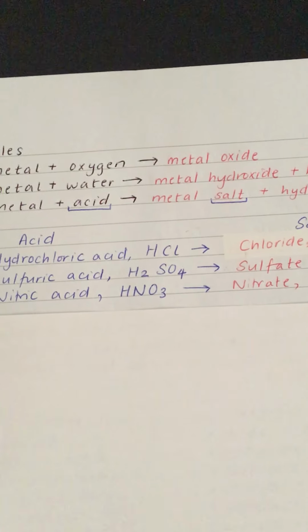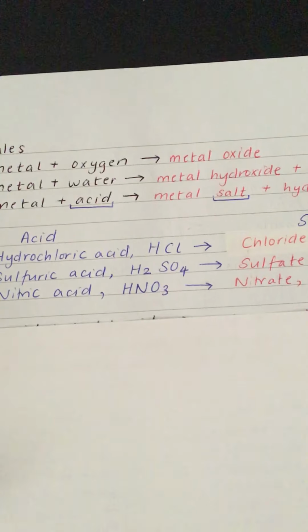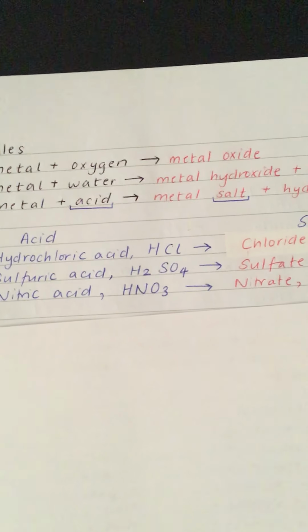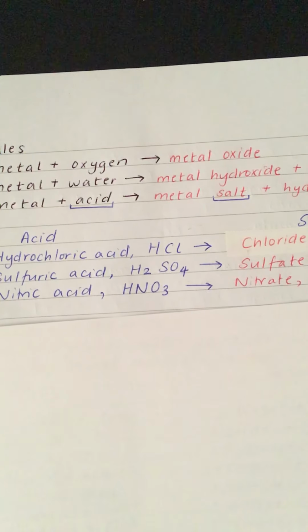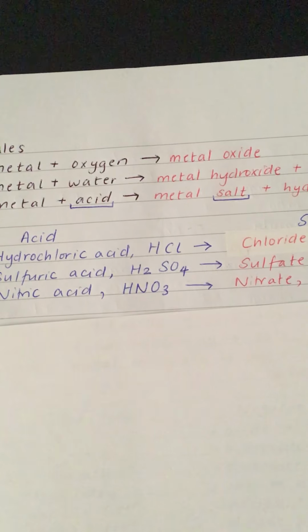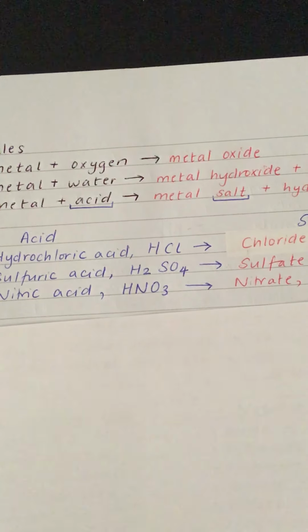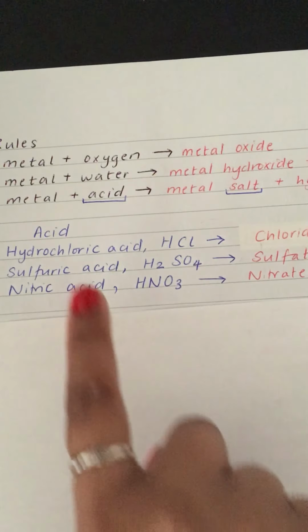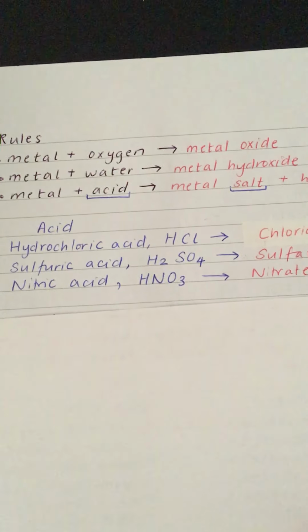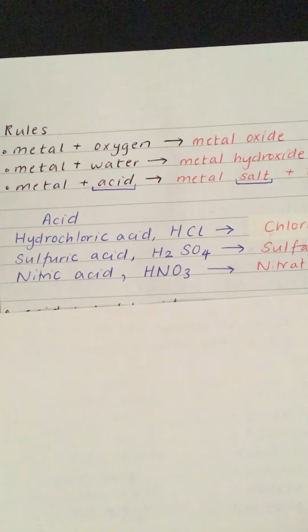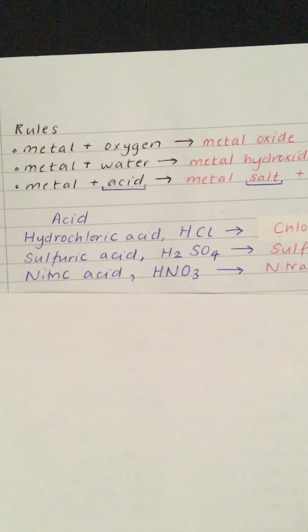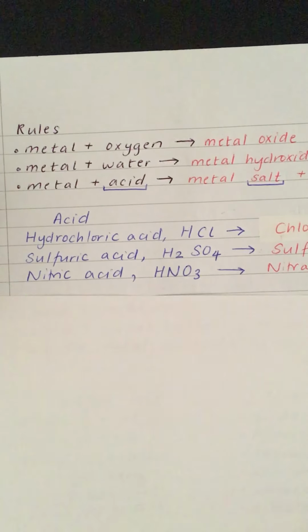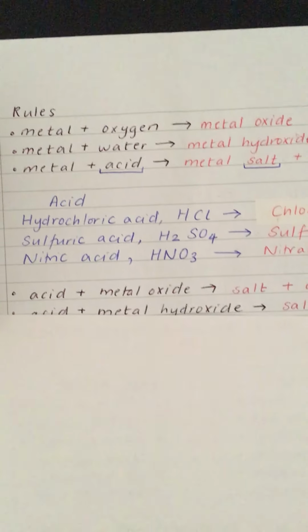Now, one thing you'll notice about all of our acids, one thing they all have in common is they all contain hydrogen, okay? And that's really important as we move throughout this topic, because you actually are expected to know what happens when these acids react with metals, what happens to the hydrogen. Okay, now some other general rules that you're expected to know.